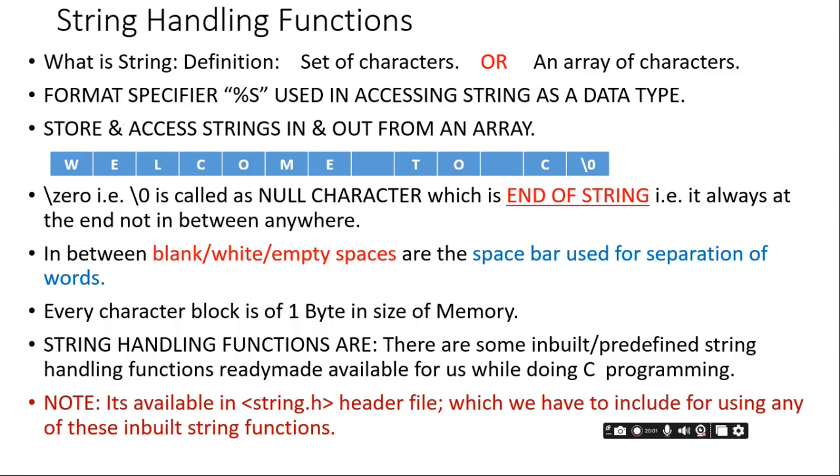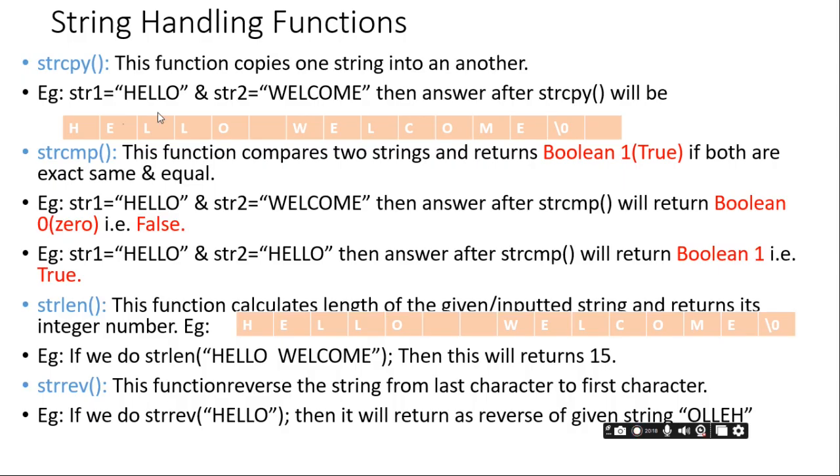For the ready-made usage of those functions, we are going to include with the hash include statement the string.h header file simultaneously with the help of stdio.h as well. So string handling functions which are commonly used by us, ready to use or ready made in string.h, some of the examples are strcpy.